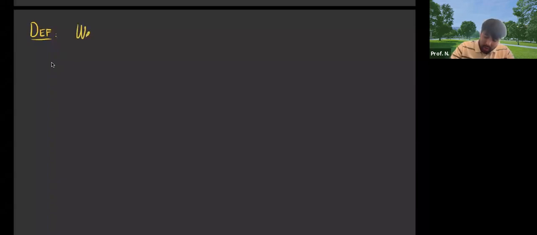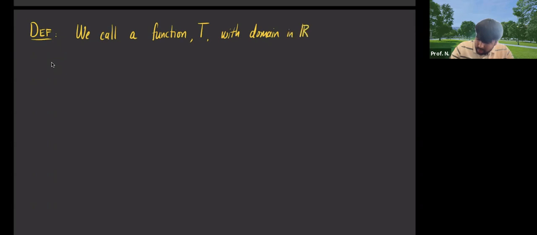So we call a function T, so again, this is a function, with domain in Rn and codomain Rm.